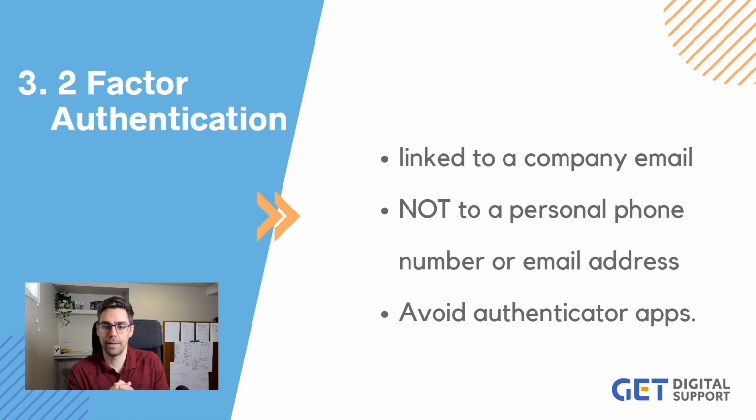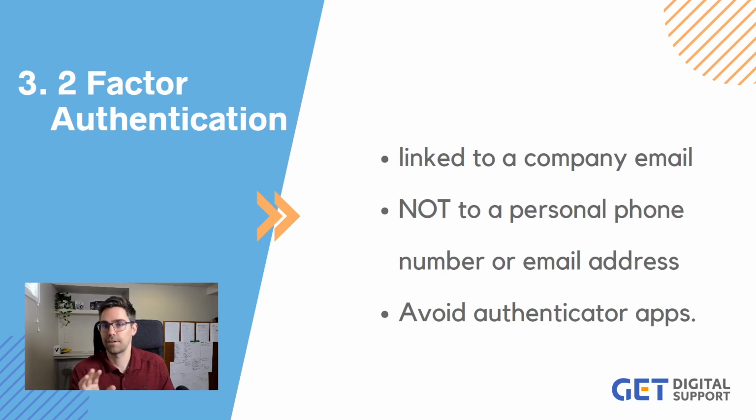You also want to avoid authenticator apps. Authenticator apps are similar in that they are very effective and very secure. However, they create complications for these types of organizations, because an authenticator app is an app on someone's phone.